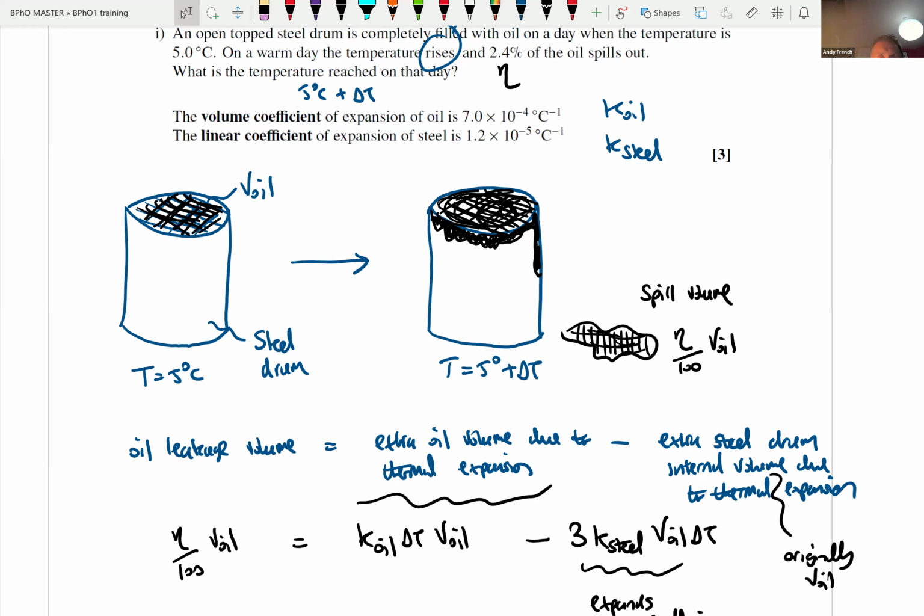Because what we're doing is we're not talking about the internal volume, which is V oil, but it's the steel which is expanding. So if you had the volume coefficient of steel, is that going to be the same thing? The steel increased by a certain volume. Is that going to be the same fractional increase in your oil as a result of that? So I think in this question, that's why we were using the linear coefficient of expansion of steel rather than the volume coefficient.